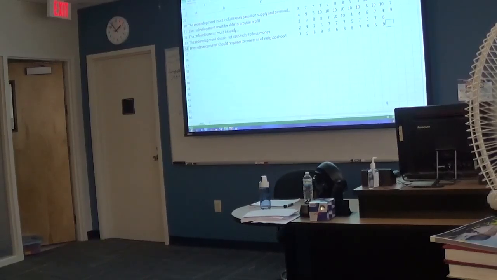Okay? All right. The third one, the redevelopment should beautify its surroundings and be well designed architecturally and spatially. Now, this is obviously kind of an interesting one because there's no question, at least in my mind, that you're probably going to spend a fair amount of money enforcing higher standards for an area for architectural quality.